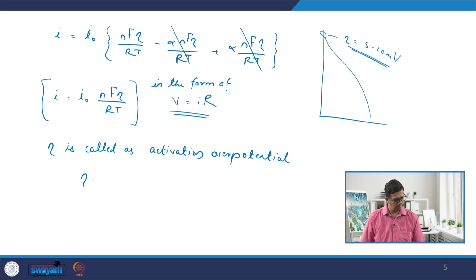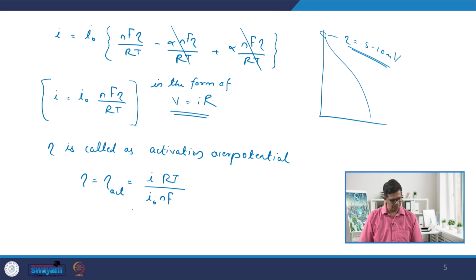So, eta activation, if I rearrange these terms, will be I times RT by I naught and F. So, now this is in the form of V equals IR.